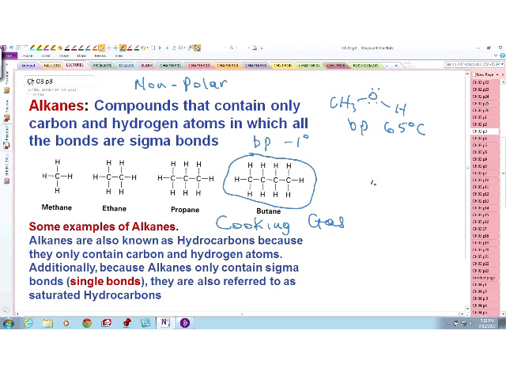On the other hand, take a look at water. The boiling point of water is 100 degrees, a very small molecule. Now, why do I give you all of this information? I do that to introduce another set of concepts.